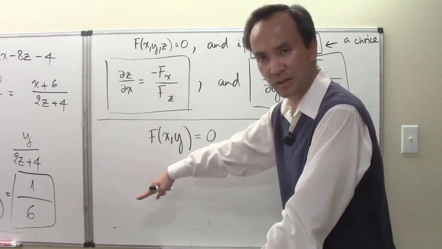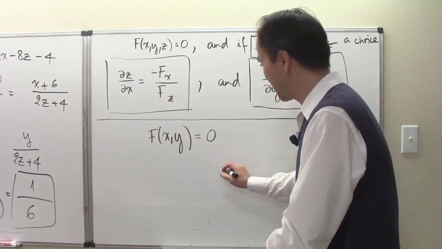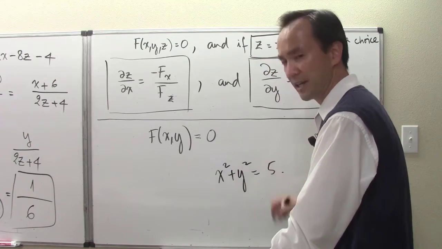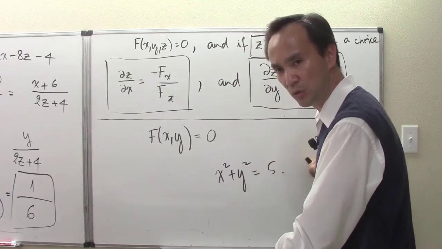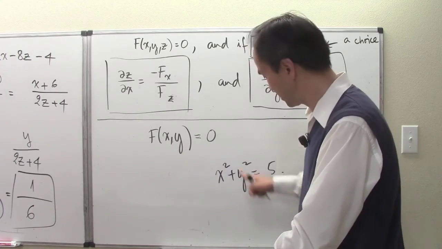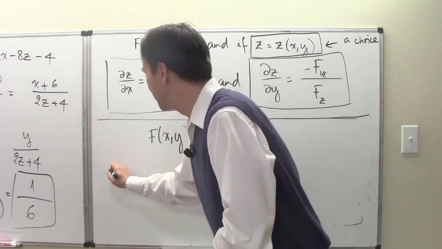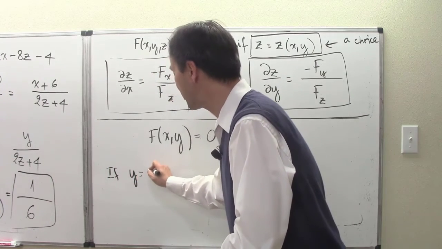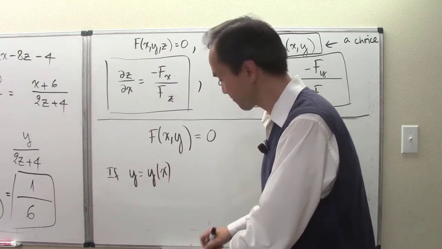Because back in the days of doing Calc 1, say for example, as I pointed out earlier, x squared plus y squared equals 5, and we put all terms to one side, making it a function of 2 variables and equals 0. Now in this equation, if we choose y to be the function of x, then it's just a function of 1 variable.